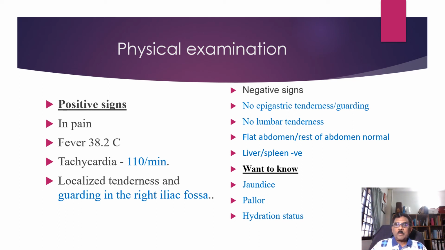Rest of the abdomen was normal. Liver and spleen were not enlarged. We want to know a bit more about the other signs: whether he was jaundiced, whether there was pallor, and we would like to know about his hydration status, which are not provided in this case.